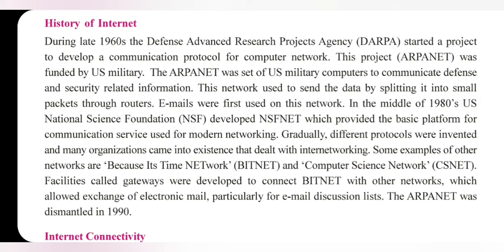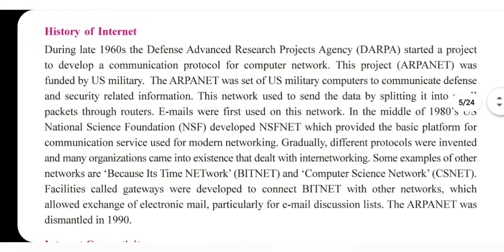During the late 1960s, the Defense Advanced Research Projects Agency, that is DARPA, started a project to develop a communication protocol for a computer network. So which agency has started the project? DARPA, and they have created the communication protocols.